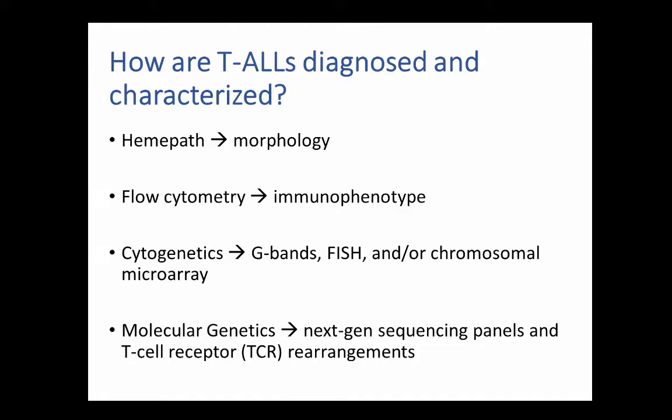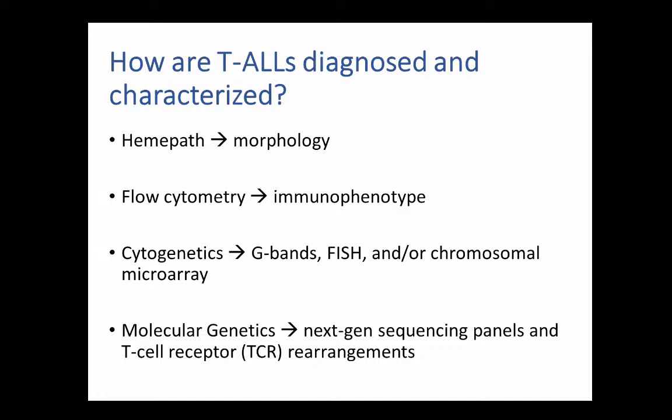And when we do encounter these entities in the clinic, how do we go about diagnosing and characterizing these diseases? As with most diagnoses, this is really a joint effort involving multiple labs, a very collaborative effort. The majority of the diagnosis is performed by heme path, looking at morphology, as well as flow cytometry looking at the immunophenotype of these cells, followed by subsequent characterization by cytogenetics looking at structural rearrangements by G-bands, more recurrent abnormalities by FISH, and more subtle cryptic copy number changes by chromosomal microarrays.